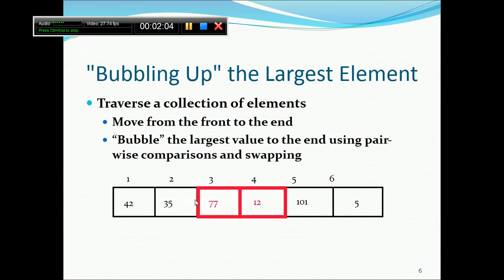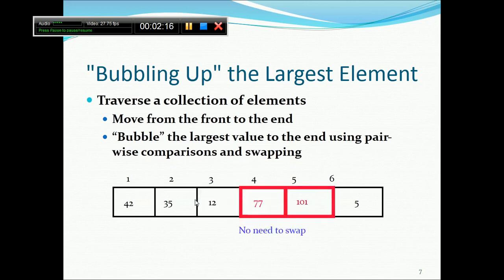Okay, so we'll go to the next index, 77 and 12, which is greater? Obviously 77, so it will go one step ahead. Again, here 101, the bigger one, is already on the right-hand side, so no swap is required. Again 101 and 5, which is bigger? 101, it is on the left side, so a swap is required.